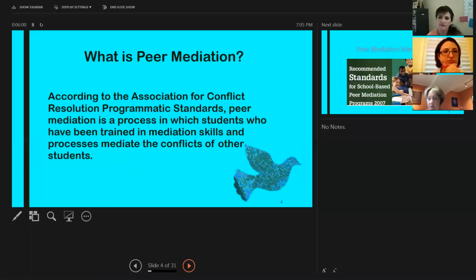The definition we would give is that peer mediation is a neutral process where students have been trained in mediation skills and processes to mediate conflicts of other students. They're not solving the conflict for them. They are merely giving guidance and providing a safe environment for them to sit down, talk, brainstorm, and then either come up with a solution or maybe not even come up with a solution.